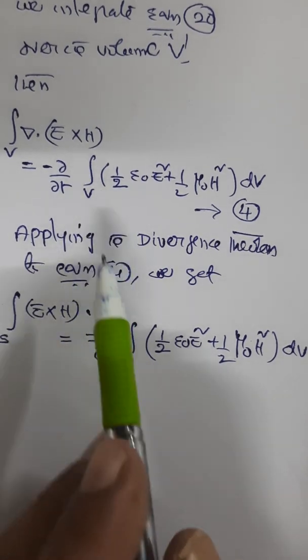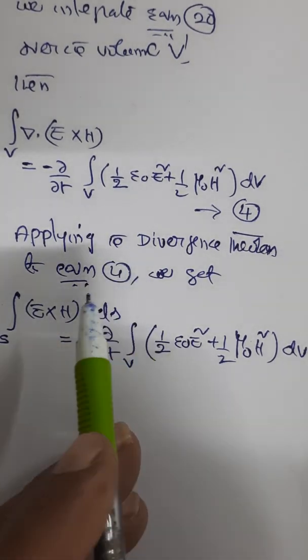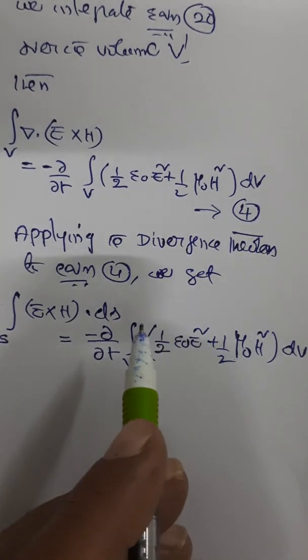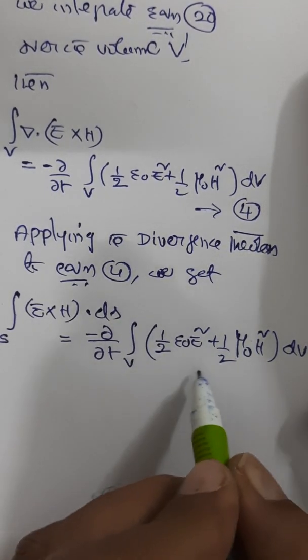So for this, we applied the divergence theorem to get this value. Suppose you call this equation 5.